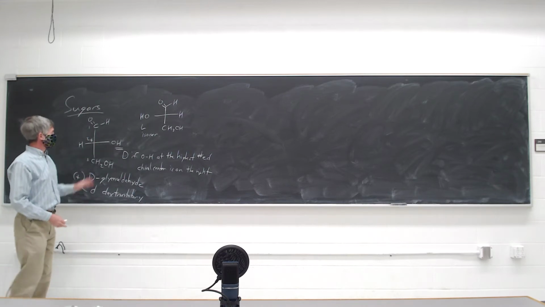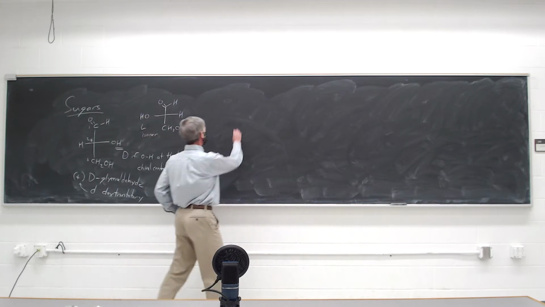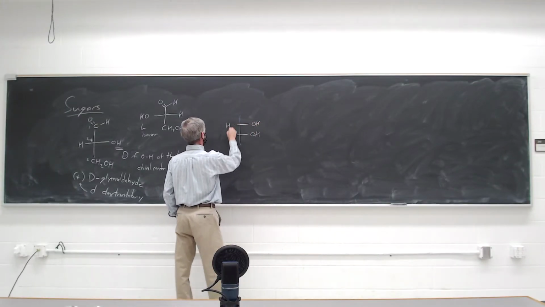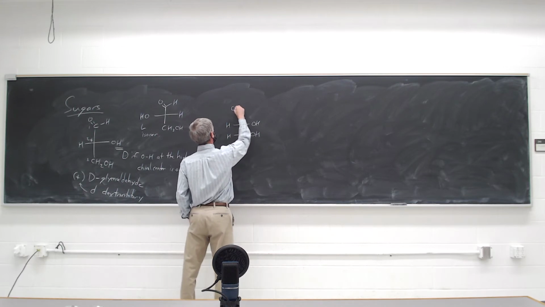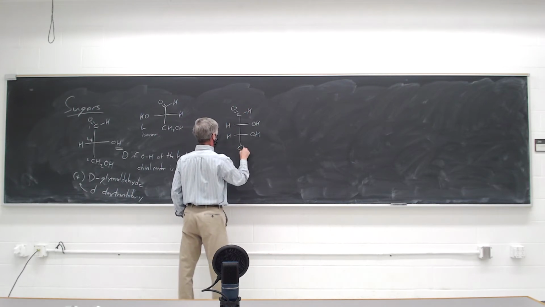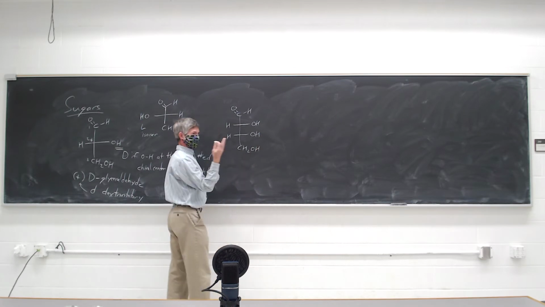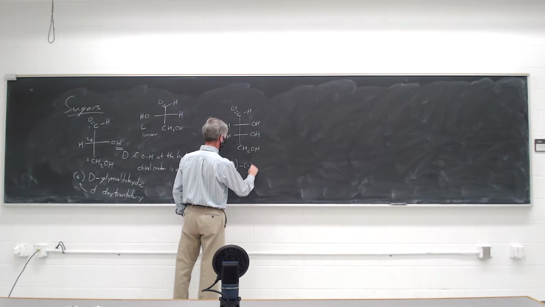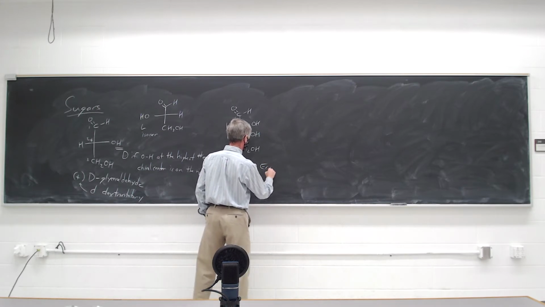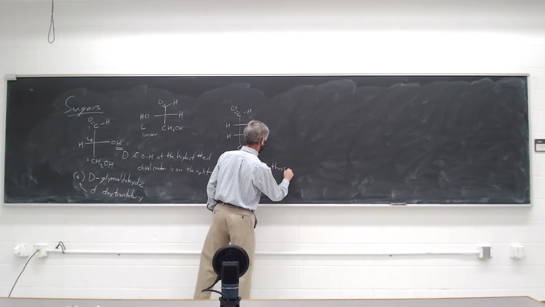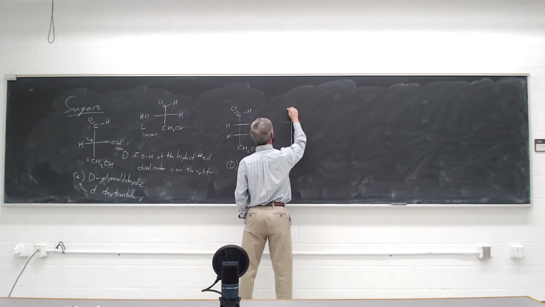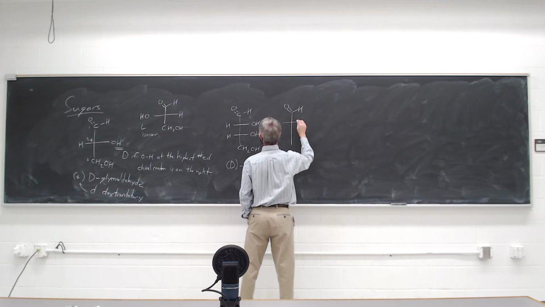If you go to the next series of sugars, where you have 2 chiral centers, it turns out that they're both minus. In fact, 3 of the 4 possible pentoses are also levorotatory.